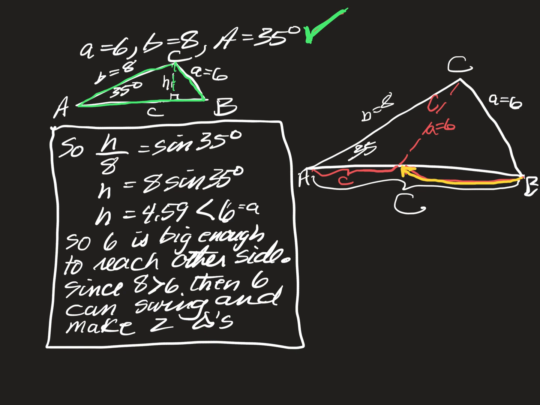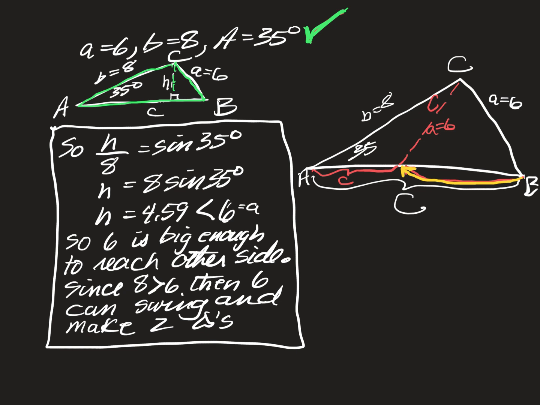I take h over 8, opposite over hypotenuse, is sine of 35 in the right triangle I've drawn in there. So h is 8 times sine of 35, so h is 4.59 length, which is smaller than 6, which means a side of length 6 is big enough to reach side C, right?